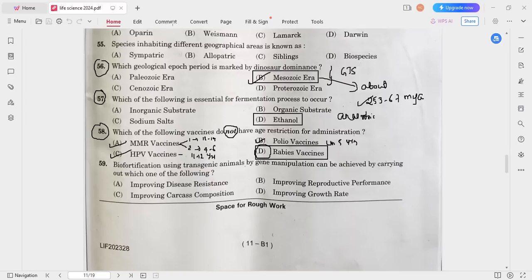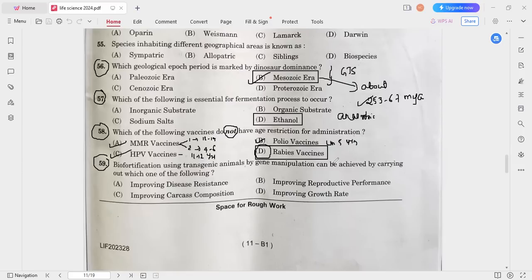Next question, question number 59. Biofortification used in transgenic animals by gene manipulation can be achieved by carrying out which one of the following? Biofortification is the process of improving any composition, that is nutrients, any organic substance, any quality.